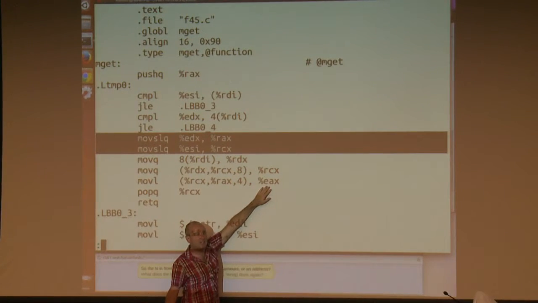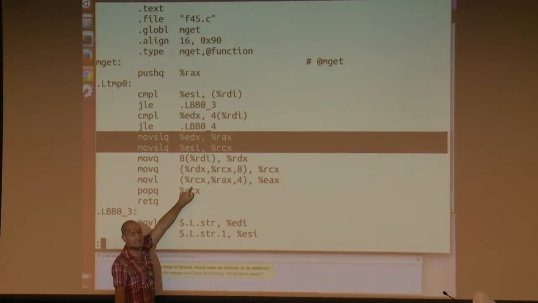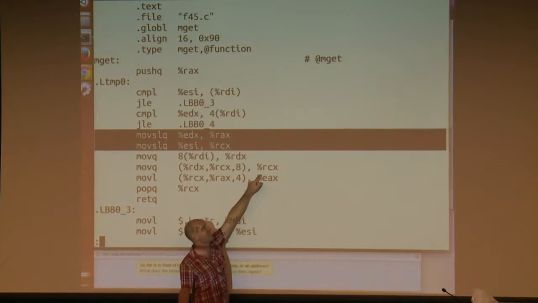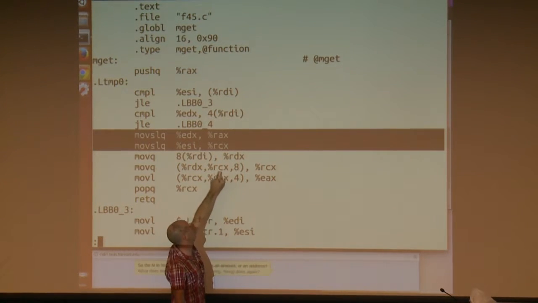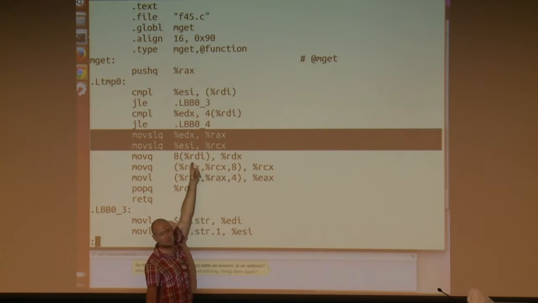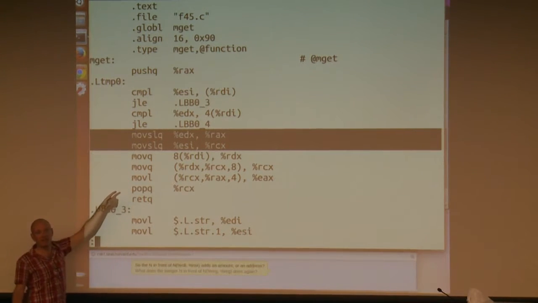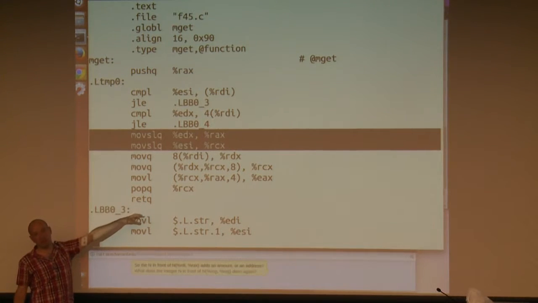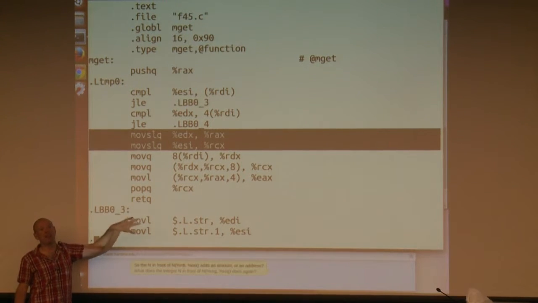We obtain that integer by dereferencing a pointer that's in RCX. We obtain RCX by dereferencing a pointer that's in RDX. We obtain RDX from the structure. So there's one layer of pointer in the structure, then another layer of pointer underneath that, and then we find an integer.